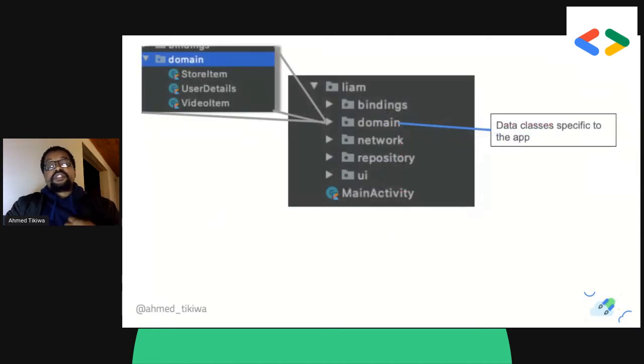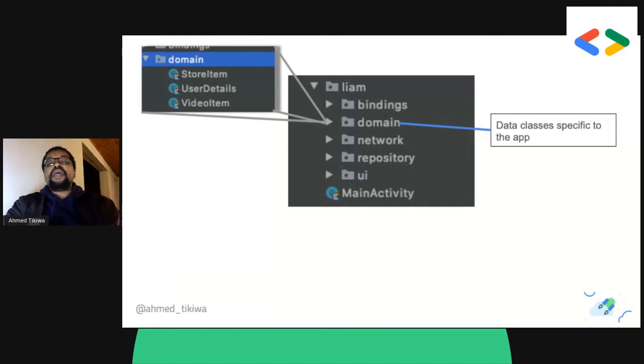And then domain. This is my own personal preference, but there are instances where your app will connect to a network, basically connect to an API. This API will have its own data structure, its own way in which the data classes are organized, but it's not necessarily how you want them to be named in your app. So I've created this domain section to have my own definitions of data classes.